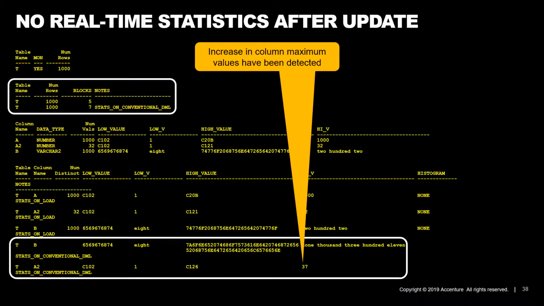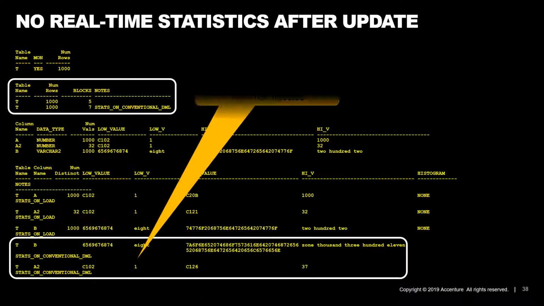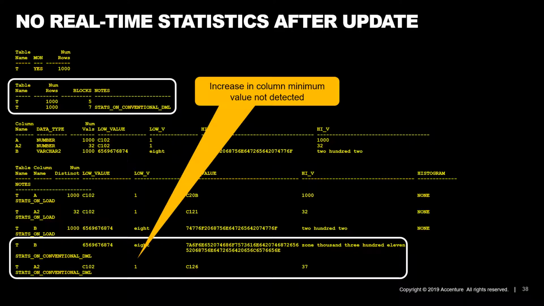It's picked up the increase in the maximum value on A2 from 32 to 37, but the minimum value remains 1. It cannot increase the minimum value or decrease the maximum value because that would require scanning the entire table, but it can increase the maximum value and decrease the minimum value. Note also that I've only got real-time column statistics on A2 and B and not A because I didn't update A.